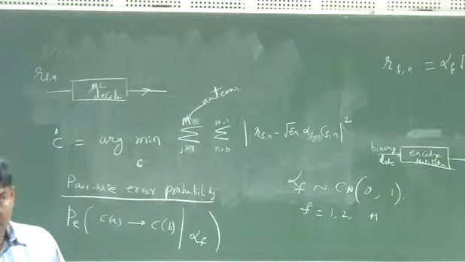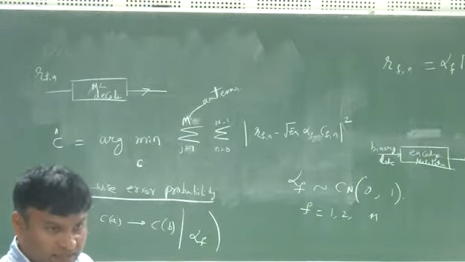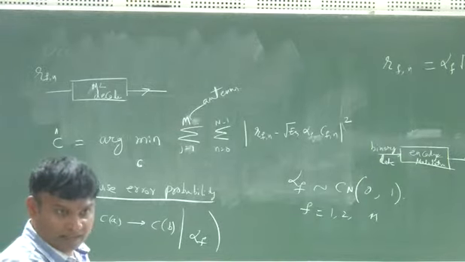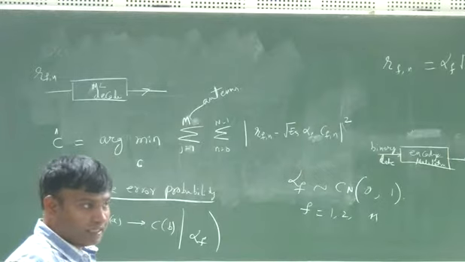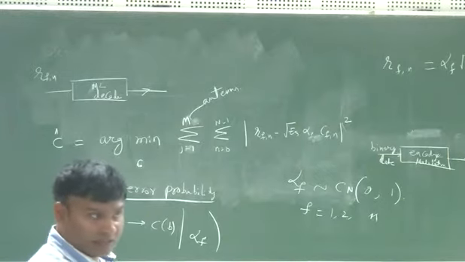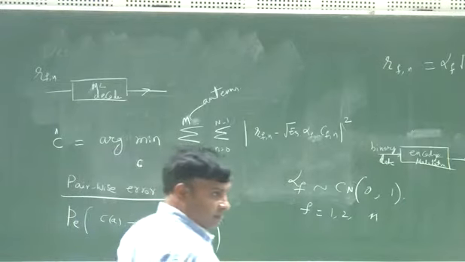Alpha F is known to the receiver, perfectly. There is no randomness in the channel as far as the decoding process is concerned. Decoder alphas are fixed.